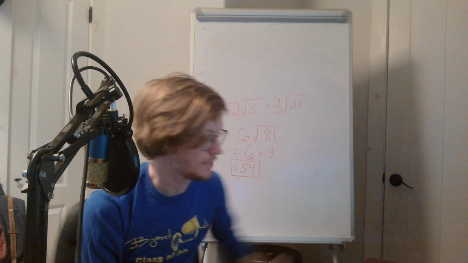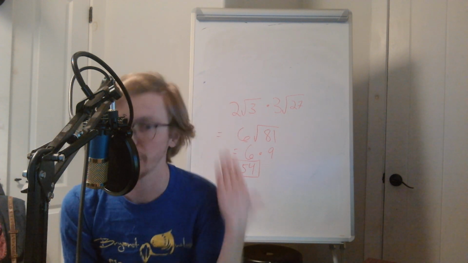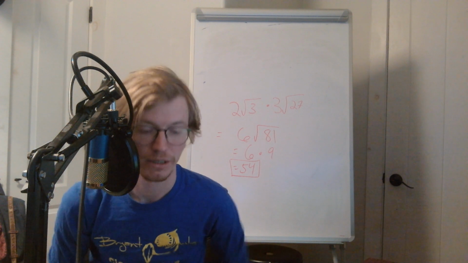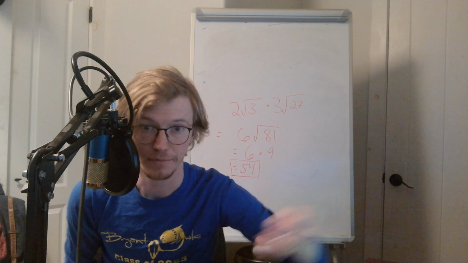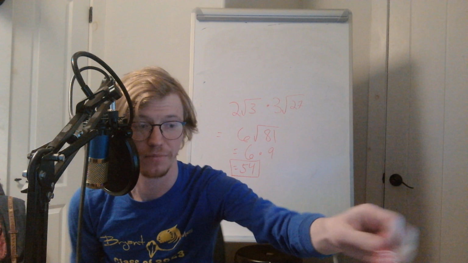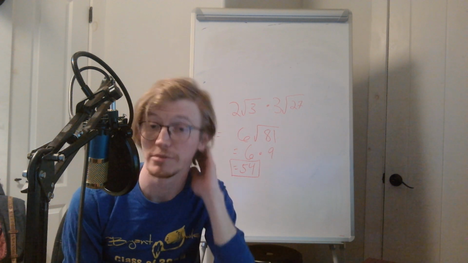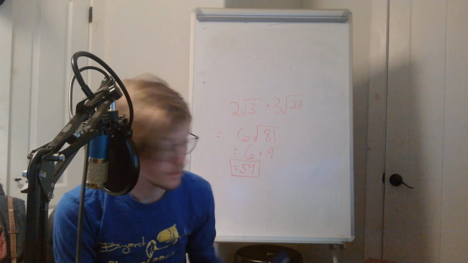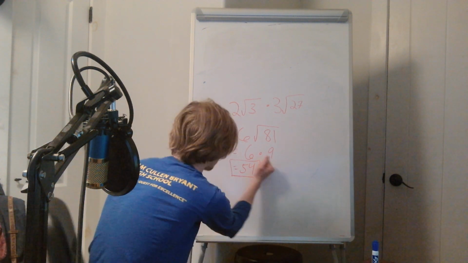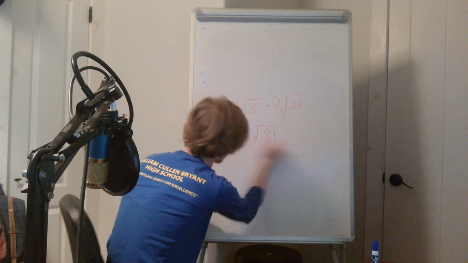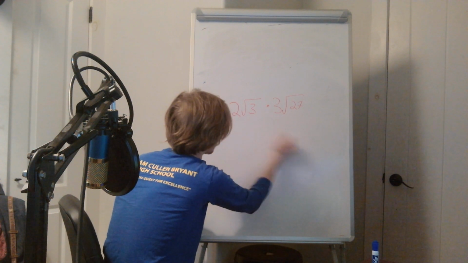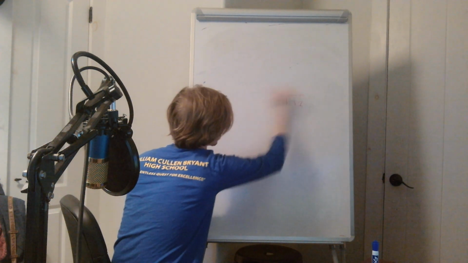So let me erase this, and then I'm going to write the general rule on the board for you to go ahead and write down. This is the general definition of the rule for multiplying radical expressions. Okay, so here's the general rule.